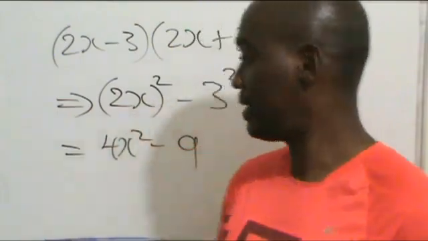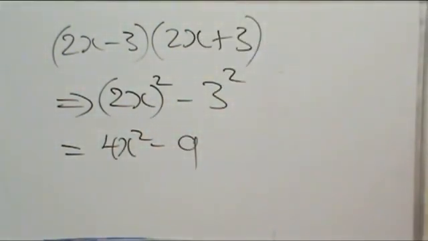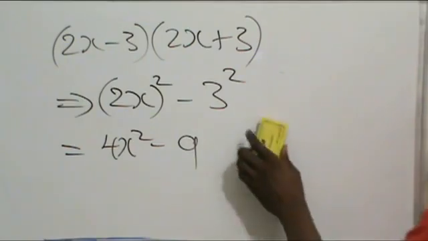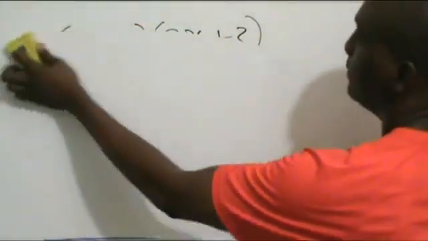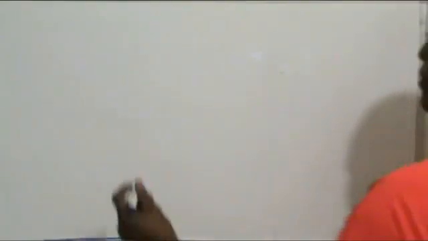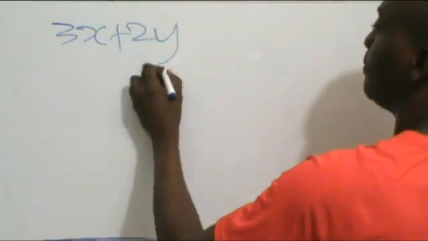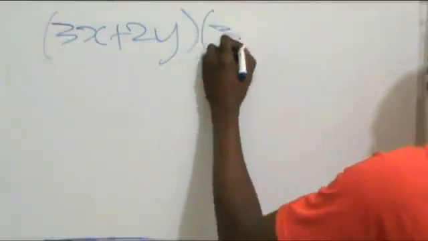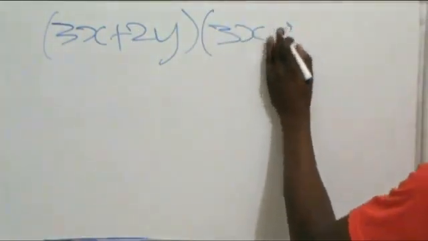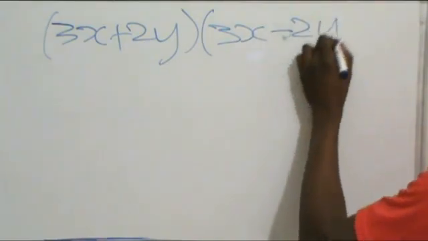Alright? The next one we have, clearing the board again, we have here 3x plus 2y into 3x minus 2y. Alright, 3x plus 2y into 3x minus 2y.